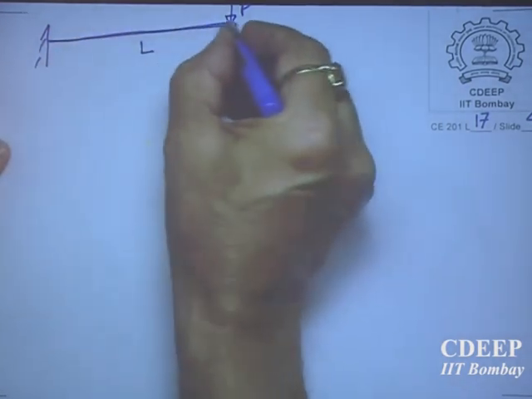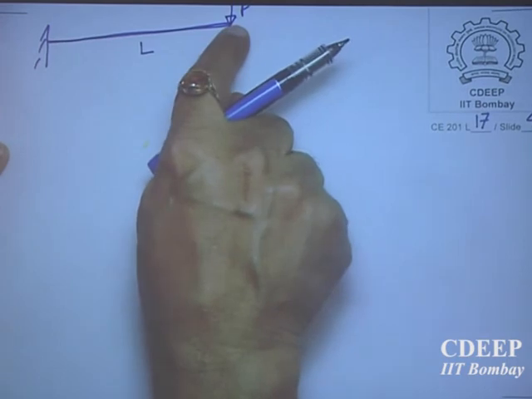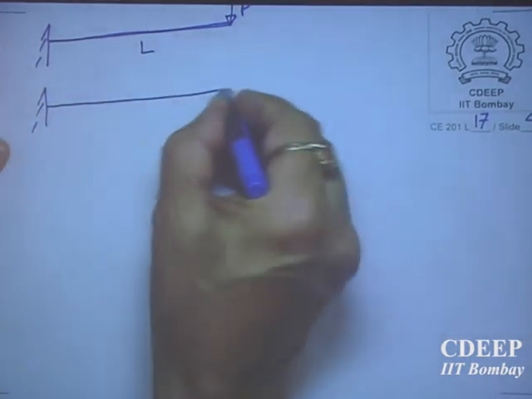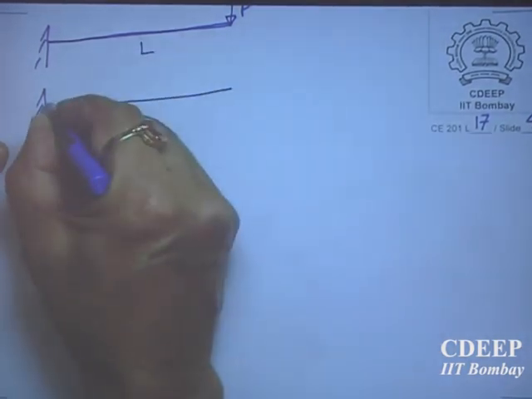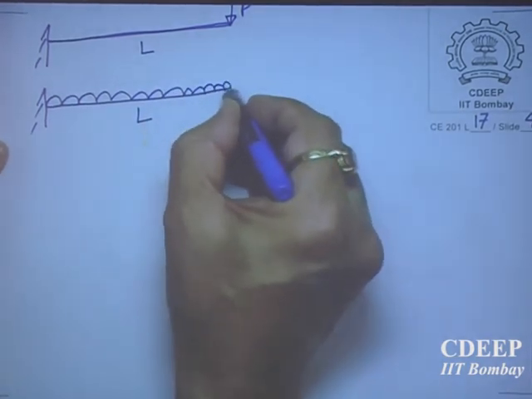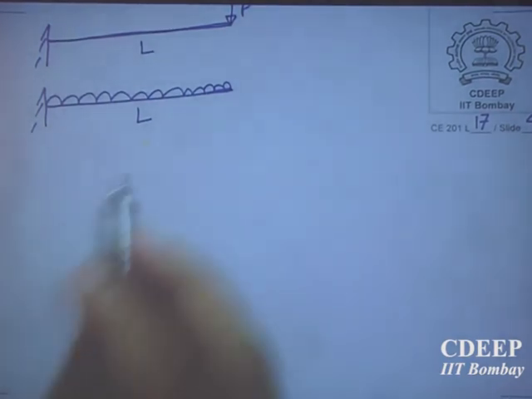This is called cantilever. Only one end is clamped, other end is free. At the free end, we have a concentrated load. Next problem, same problem, cantilever of length L, but it is subjected to UDL. Please find out axial force, AFD, BMD, SFD.